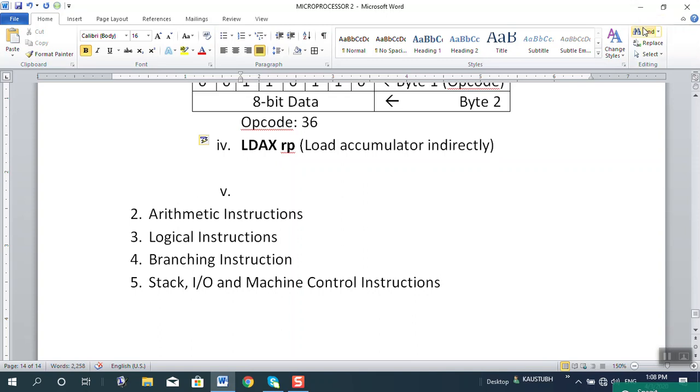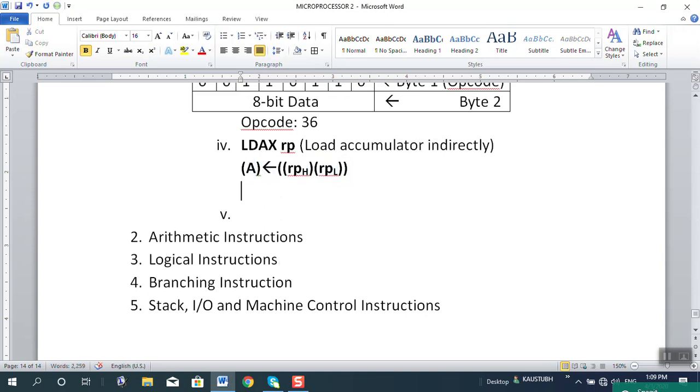So how will we write it? A comes from the RP directly, in double brackets, because within the RP actually there is RPH and RPL, a lower byte and a higher byte. Combining this lower byte and higher byte, the memory address is formed, and the content of that memory address is copied to the accumulator.